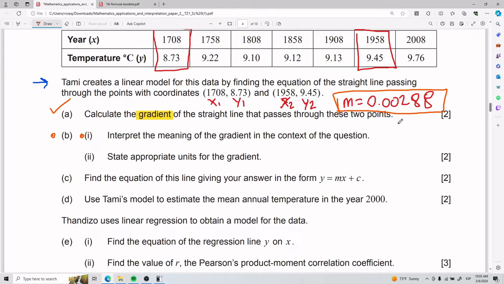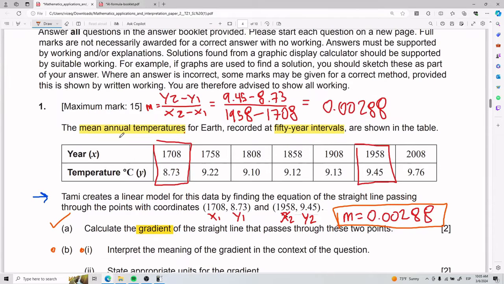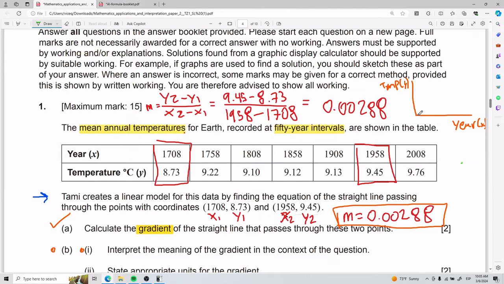It's a way to interpret how x relates to y. And in the context of the question, I have year on my x, and temperature for y. And so a slope of 0.00288 means that as the years go by, temperature increases. And that's it.